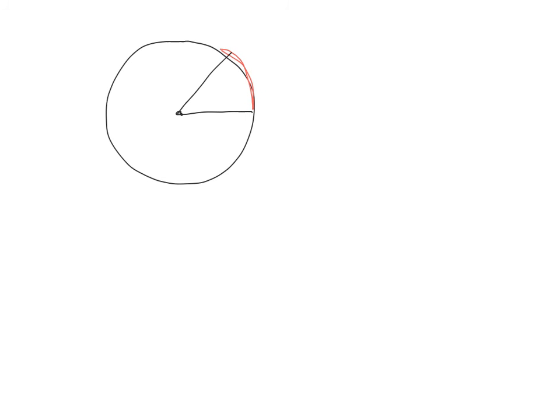So if you had this picture and you're trying to find the length of that arc, and the radius was 10 centimeters, and the angle was, we'll do 50 degrees. If it's in degrees, what percent of the circle am I using? Well, I'm using 50 over 360 of this circle, because there's 360 degrees and I'm in degrees.